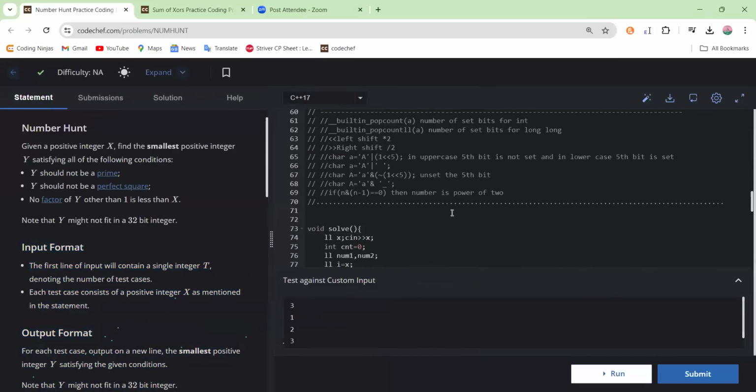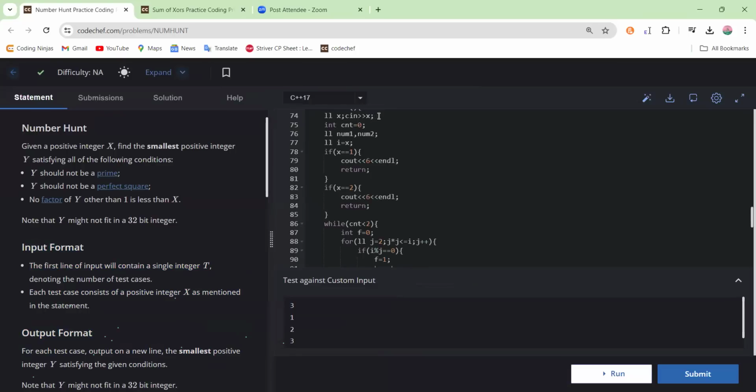Let's see. Yeah. So we took the input of x, initialized our count to 0. That is, I need to look for two prime numbers, isn't it? So those two prime numbers will be num1 and num2. And the prime number should be greater than or equal to x, isn't it? So I simply started from i equals x.